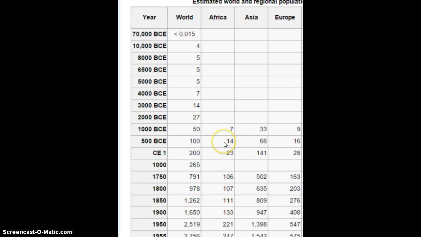Around 800 BCE, or 500, it is 14 million. And they have steadily grown throughout the history of the world. It goes from 23 all the way to 1750, when they had 106 million people. But in comparison to Asia, it's really not even a question. And then Europe started to boom as well.